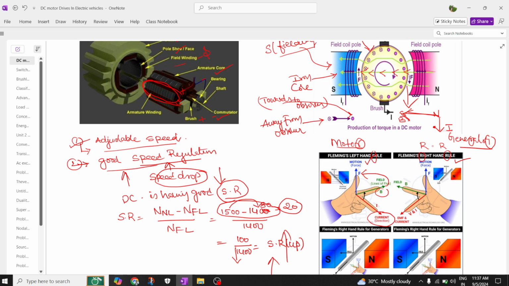You can see the force experienced is in the downward direction. If you take your hand, then you can understand better.